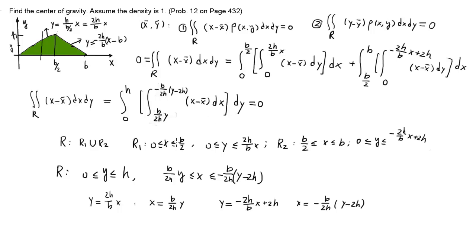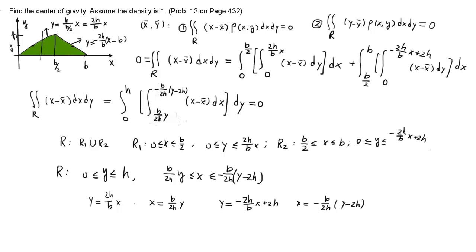Now, some of us may say, since we have one integral over here to evaluate, it might be easier. But if we take another look, it doesn't have to be easier than the previous one. The reason, if you look at this one, integrating x minus x bar, we have something like 1/2 x minus x bar squared.